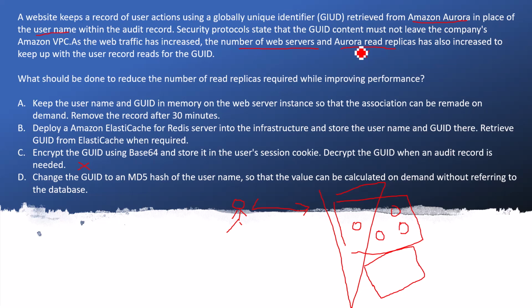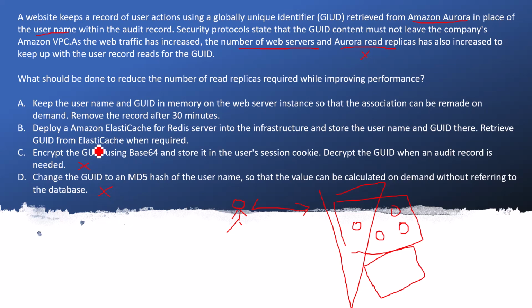The question says that if we are reducing the read replicas, what do we need to do? Changing the GUID to an MD5 hash will not increase the performance, so in this way you cannot decrease the Aurora read replicas. This is the wrong answer.